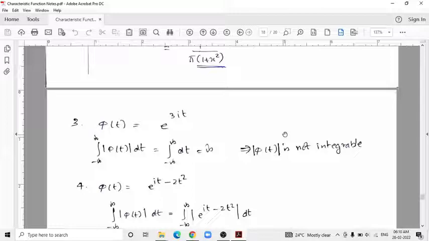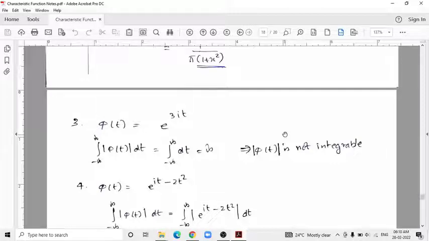It is not invertible because it is not absolutely integrable, and that is verified in this integral from minus infinity to infinity of modulus phi t dt. We see that it is the integral from minus infinity to infinity of modulus e raised to 3it dt. What is the modulus of e raised to 3it?